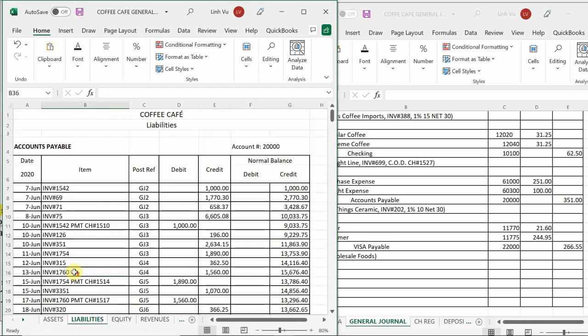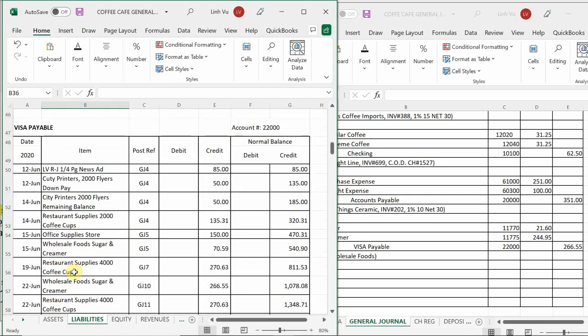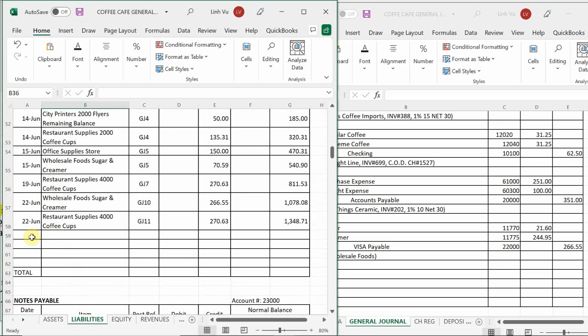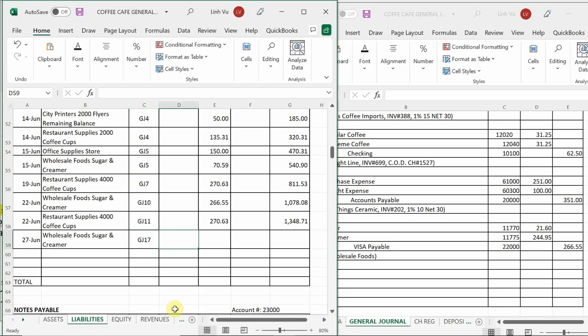Last but not least, we paid with our Visa payable. So our credit card here, $627. Wholesale food, sugar and creamer. Oops, wrong one, sorry.